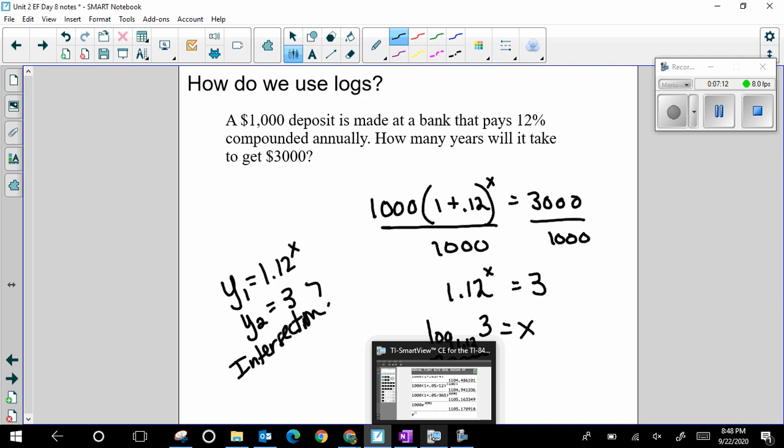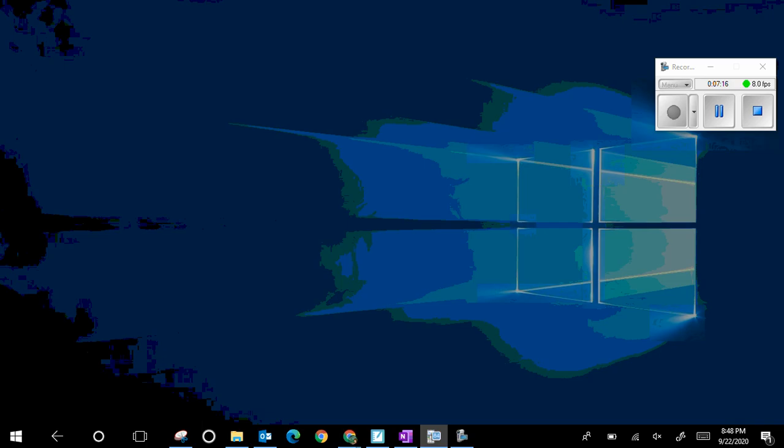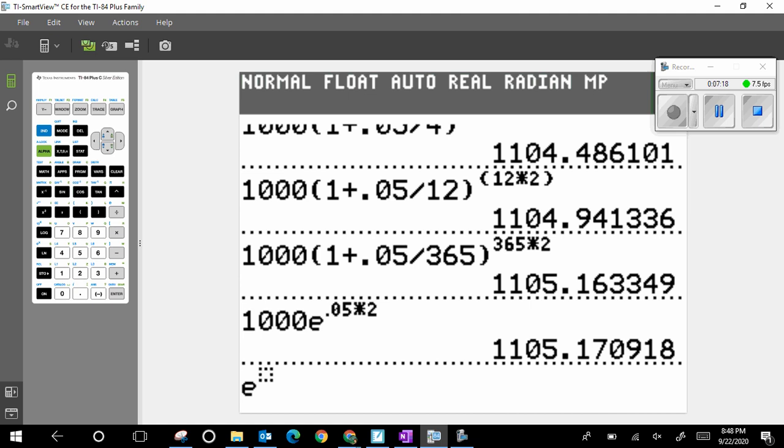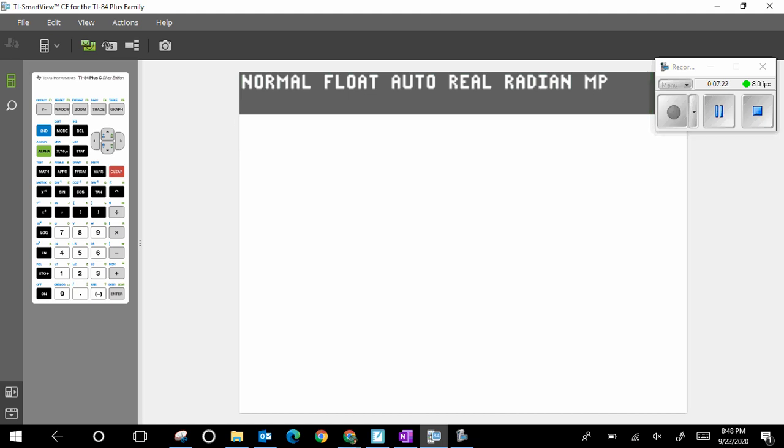All right, so I'm going to show you two different ways to do this. If you have a TI-84, okay, so whatever you have there, clear everything out. If you have a TI-84, if you look on the left side of your calculator, the fourth one from the bottom, it says log. Okay, so that logarithm key is log base 10.